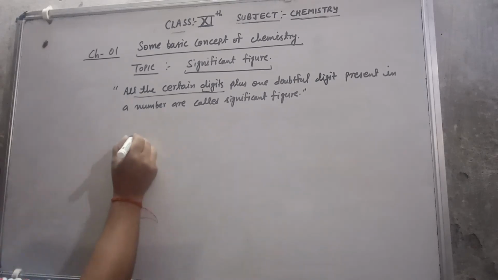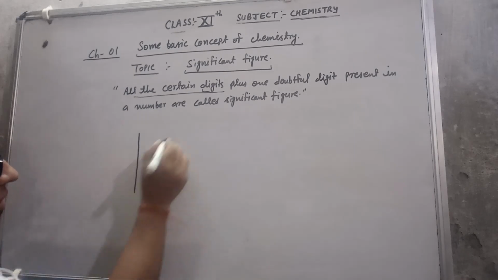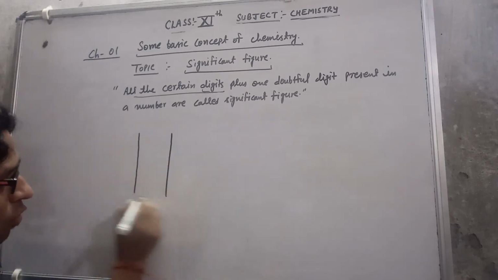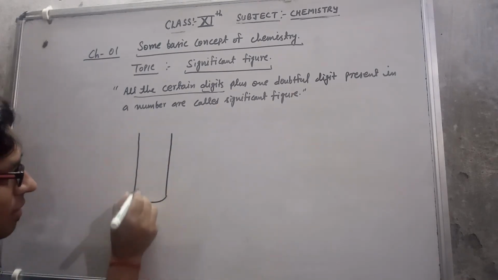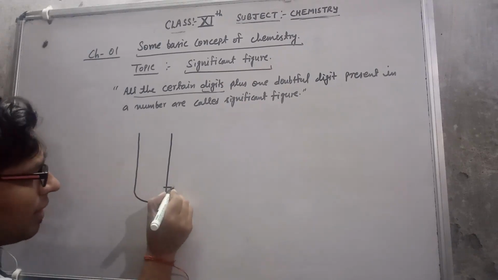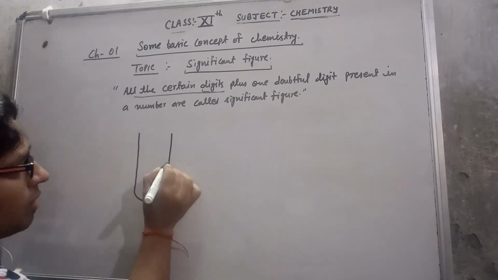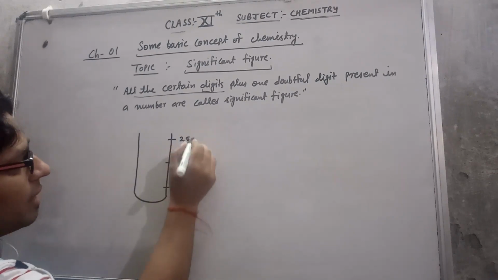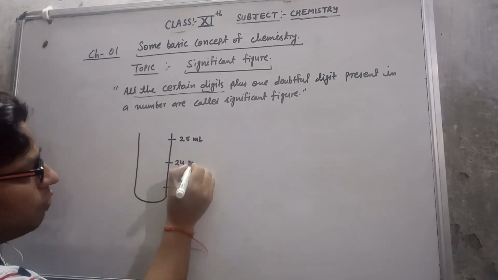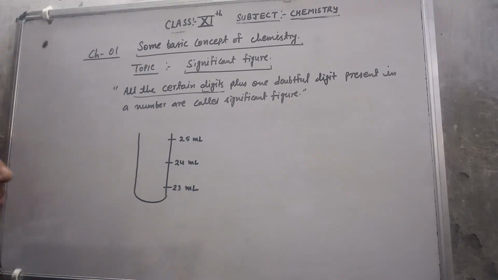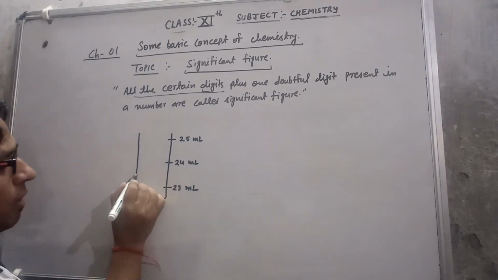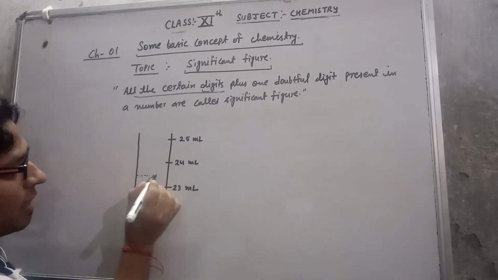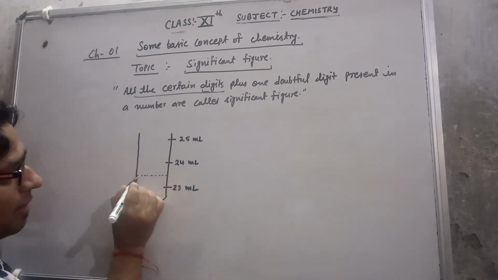Suppose I have a container in which I am going to measure the volume. Suppose this is a container and here the values are 23, 24 and 25, in ml. That much I am going to write. Now I am going to fill up the water. Suppose the water is filled up to this sign.